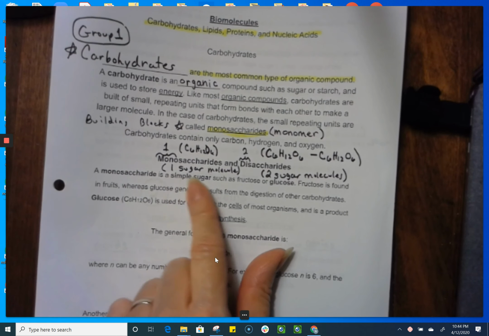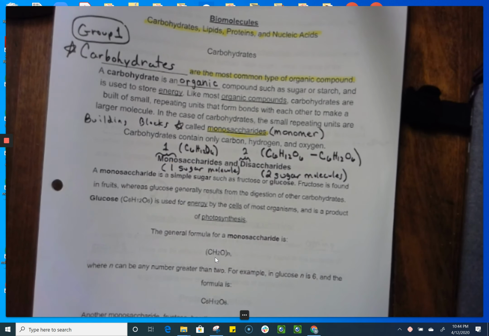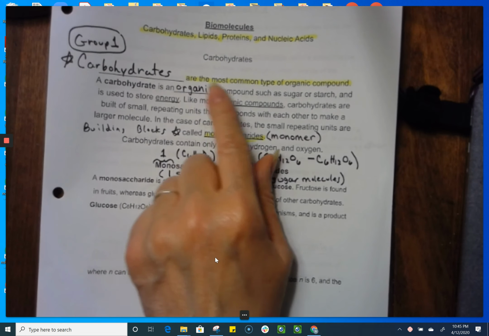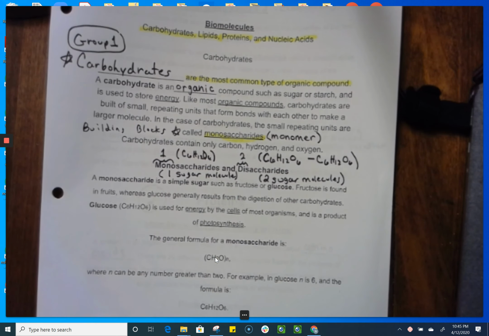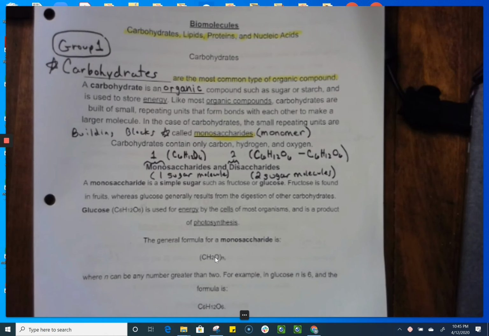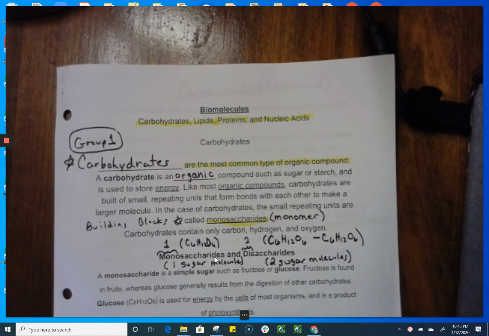An example of a monosaccharide is a fructose or glucose molecule, and they can be linked together and form polysaccharides. So basically for this here, you need to know that carbohydrates are the most common type of organic compound. They're organic because they contain carbon, and their building block is a monosaccharide. Okay. This down here is just a little bit more chemistry than what we're going to go into right now.